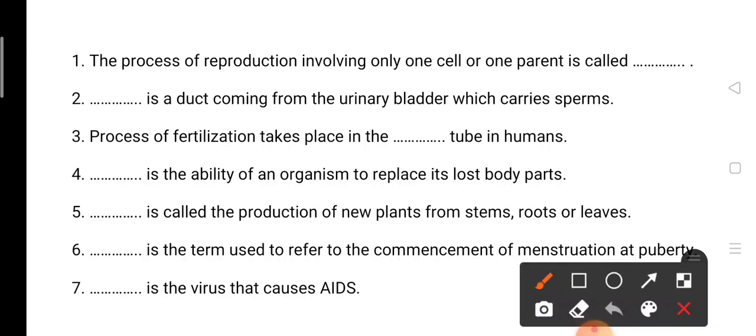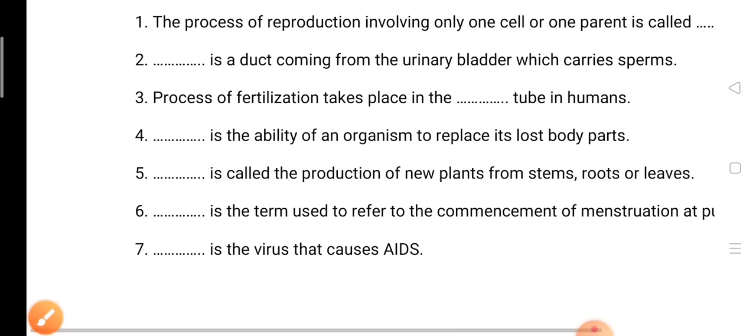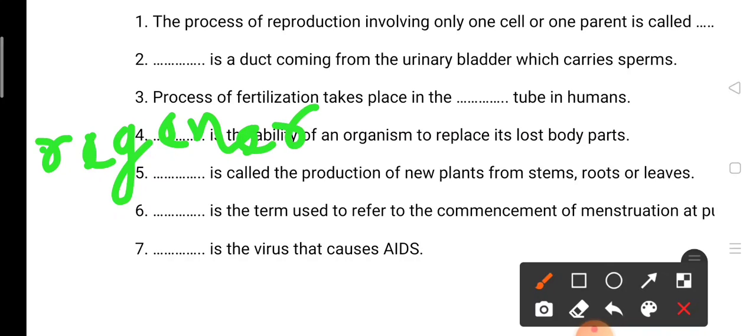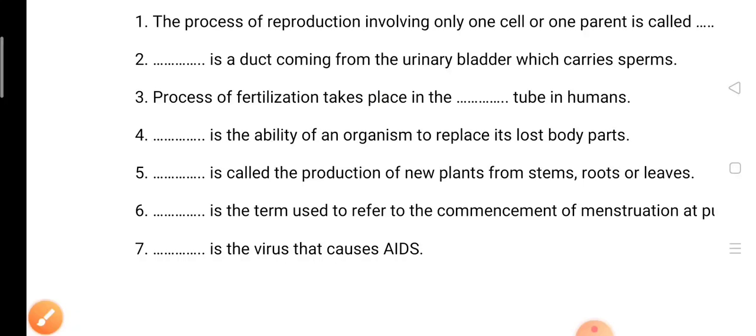Now the next question, the ability of an organism to replace its lost body parts. So that ability is known as regeneration, which is also a type of reproduction for a living organism known as planaria. So regeneration is the word that will be filled in question number 4.